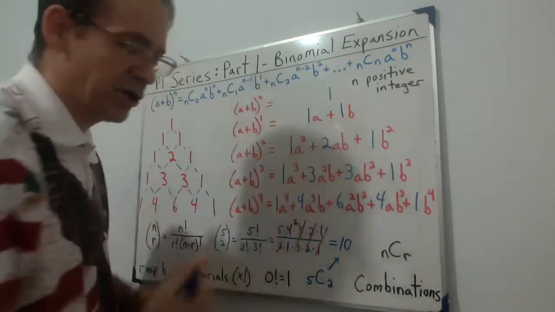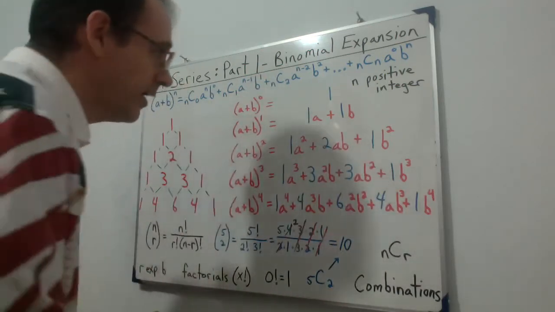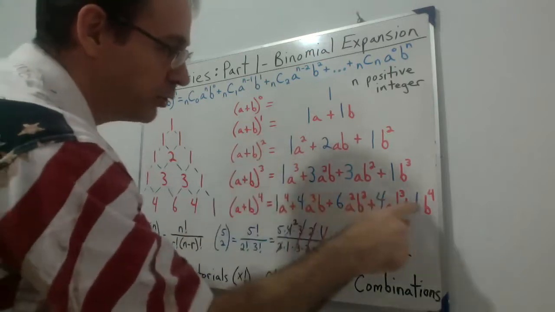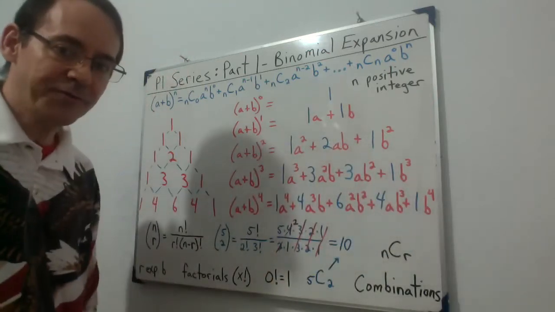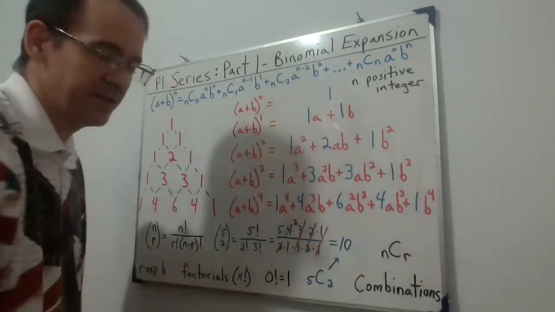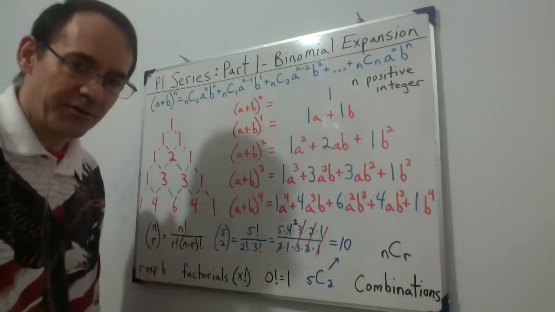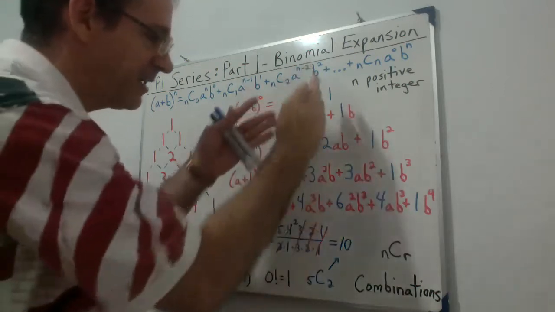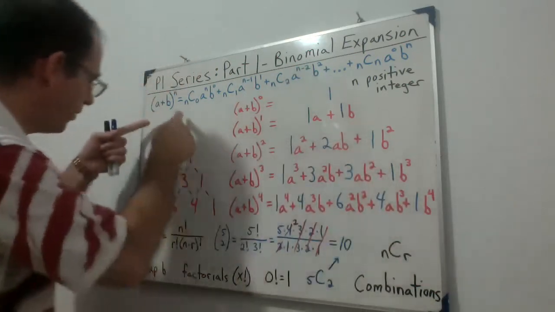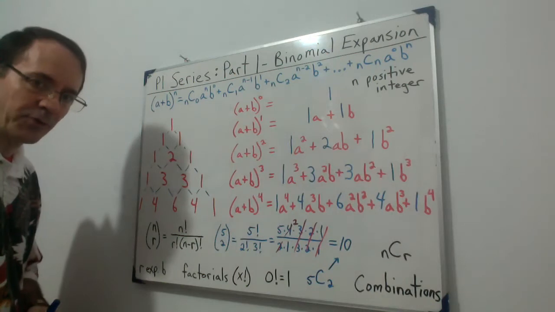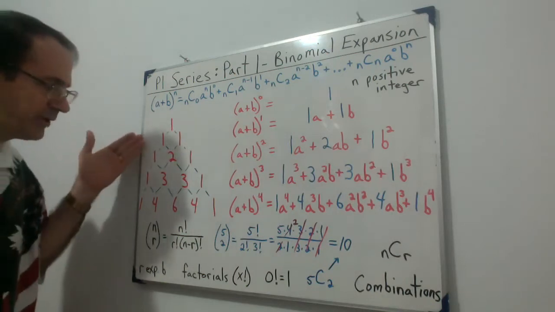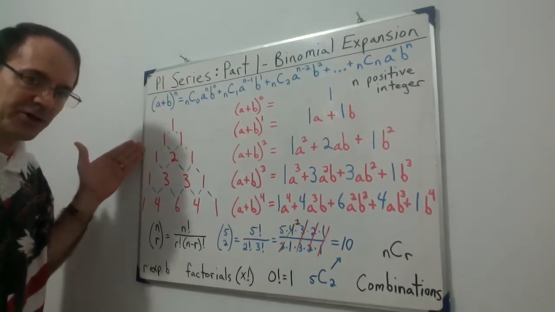So let's look at the coefficients first. Here I have in blue all the coefficients that have come out of these expansions up through the fourth power. And I've taken those same numbers and I put them over here in this triangle form. And this is actually referred to as Pascal's triangle.